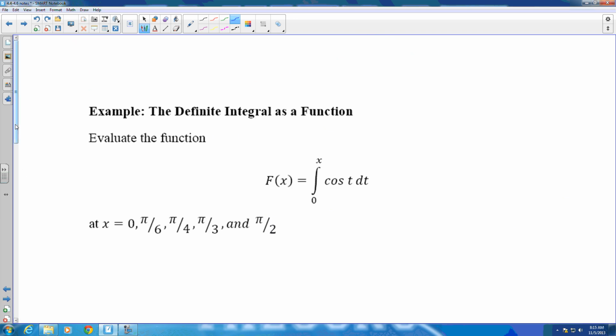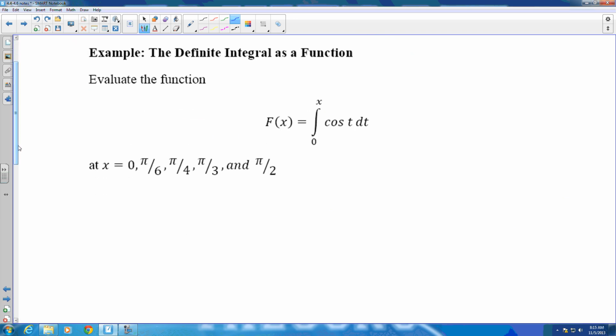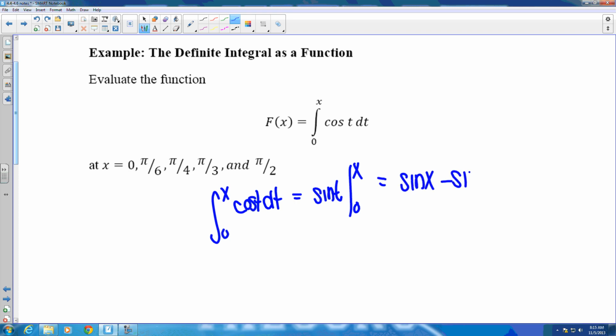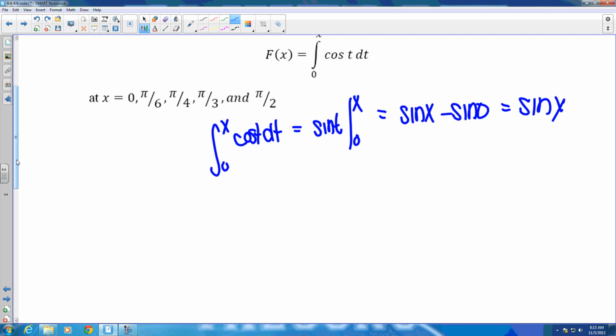All right, the next one. If we're evaluating a function from 0 to x of cosine t, we take the integral of that, cosine t dt. The integral is sine t, and we're evaluating it from 0 to x. So we plug in the top one, subtract off the bottom one, and we just get sine of x. And so we have to plug in each one of those values.